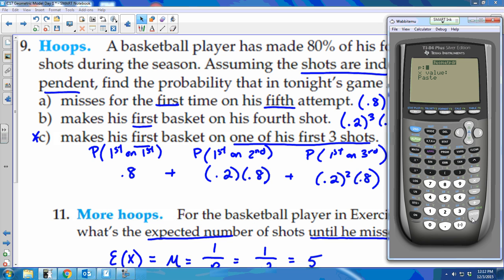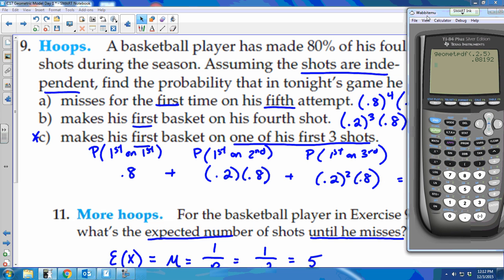Missing was 0.2, and then the X value is how many attempts? So 5, and it calculates that for you. If you don't have an 84, you have an 83, you would just type in the probability, comma, the trial. Okay, yeah? And that should be the same as if I did 0.8 to the 4 times 0.2.